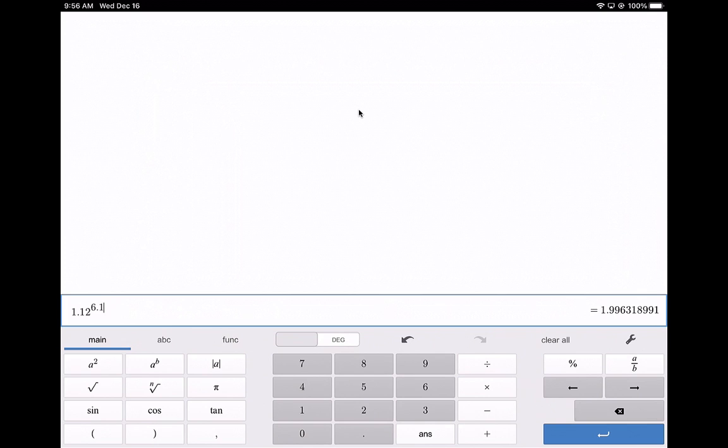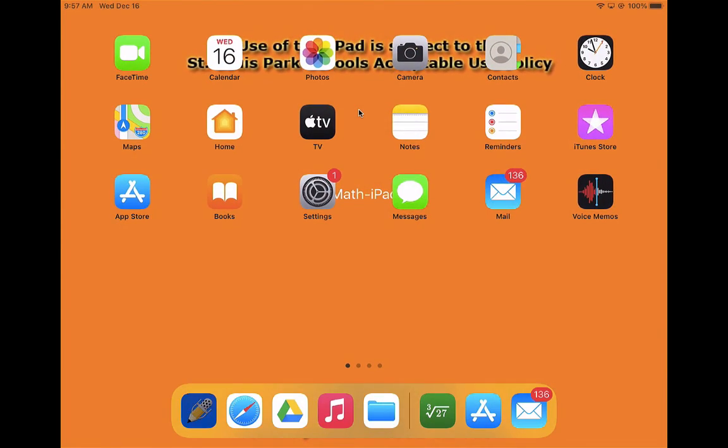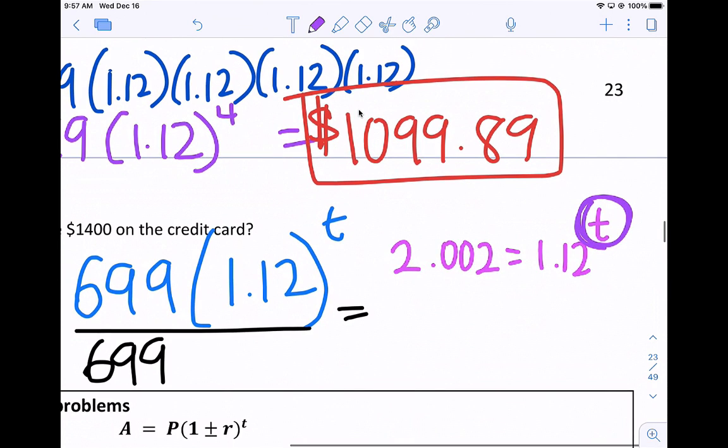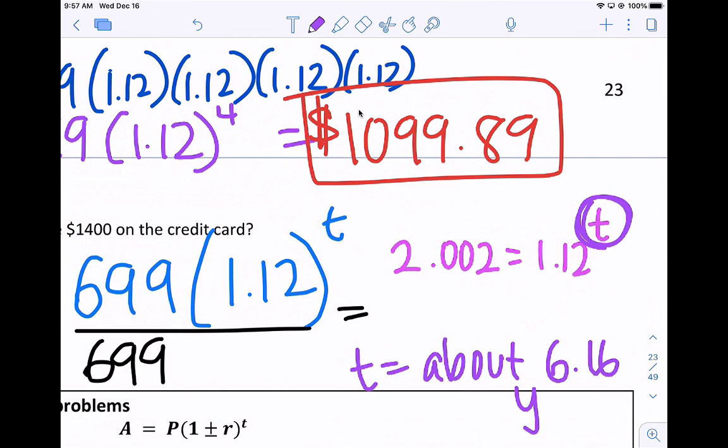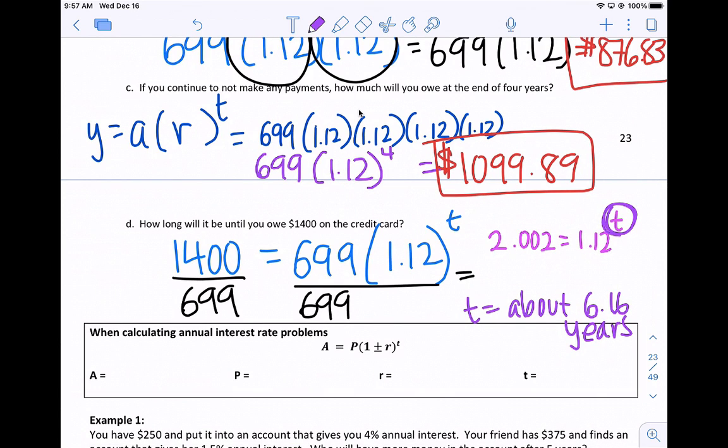Is 8 closer? Yeah, 8, 7. Oh, this is even closer, right? All right, so about 6.16 years. We'll say that, 6.16 years. That's pretty close. So also I should say T equals about 6.16 years for that total to be 1,400.